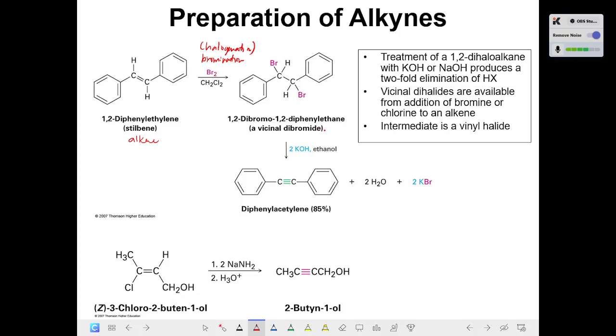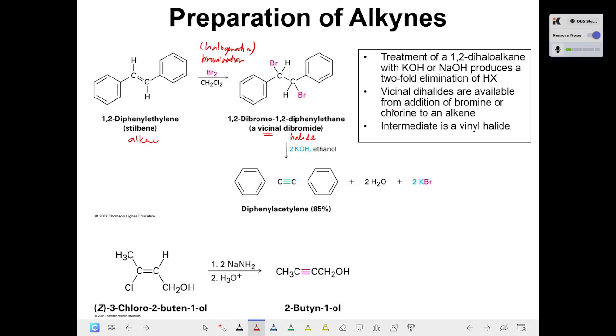So makaka-produce tayo dito nung tinatawag natin na vicinal dibromide or vicinal dihalide. So when we say vicinal, your halogens are located near to each other. So when we say near to each other, ano lang sila? Different carbons lang. At yung carbons na yun ay magkalapit lang. Okay?